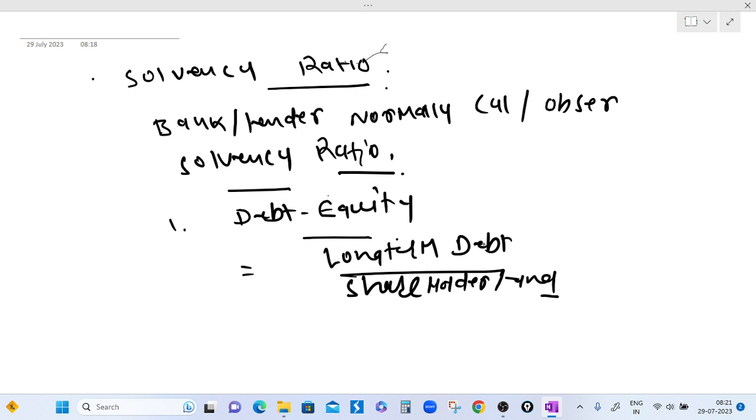As we discussed, we take long term debt. Long term debt means non-current, whatever portion of the loan comes in the non-current portion we will cover over here. And what do we mean by shareholder fund? Shareholder fund means everything: share capital, reserves and surplus, money received against share warrants. So everything we cover over here.